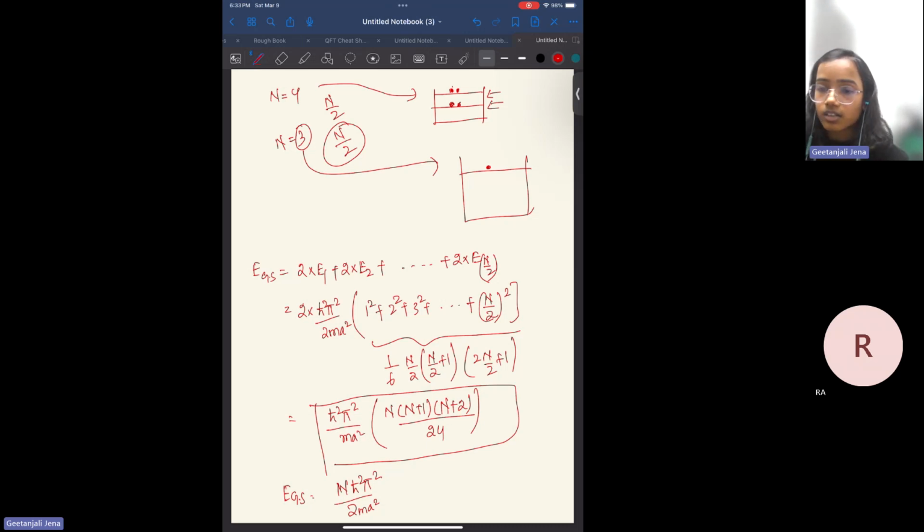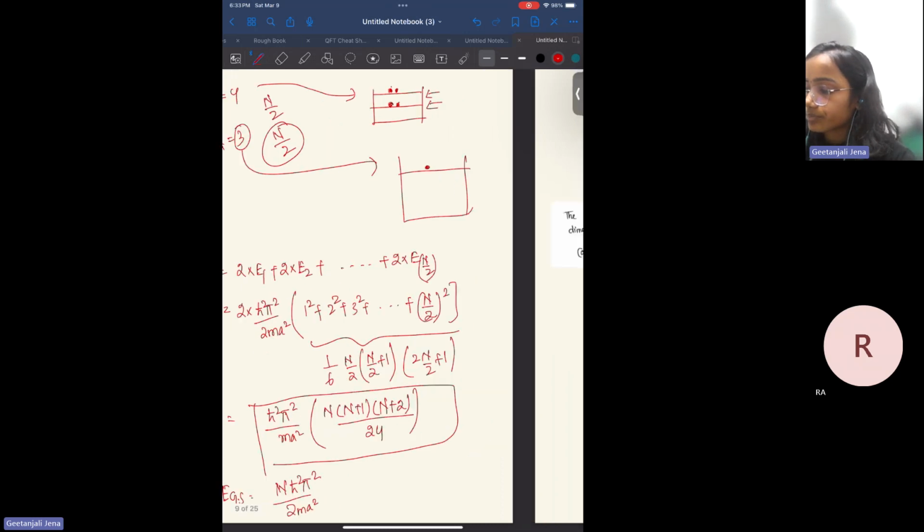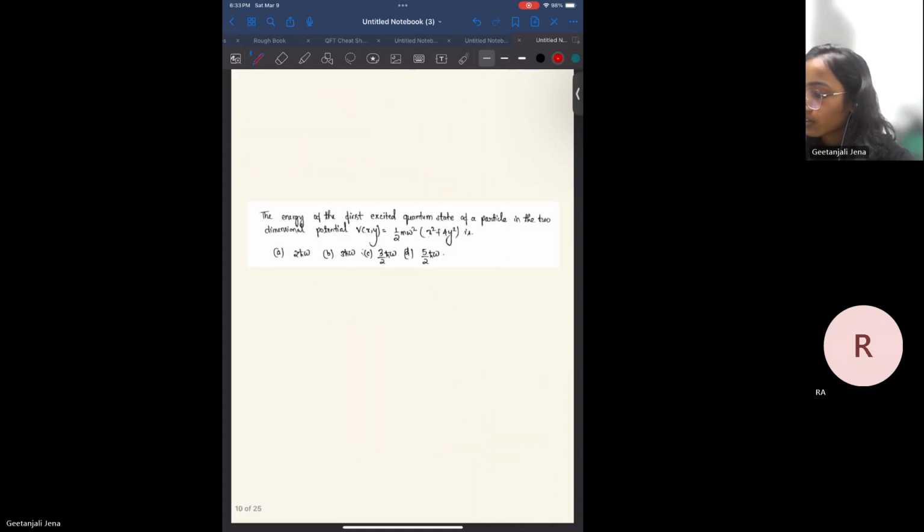But if you have fermions, then one state will be occupied by two particles which have different spin quantum numbers, spin up and spin down. So, do you have any doubt on the problems I have solved till now? Otherwise, I can proceed.